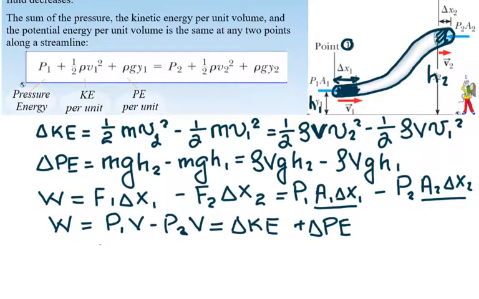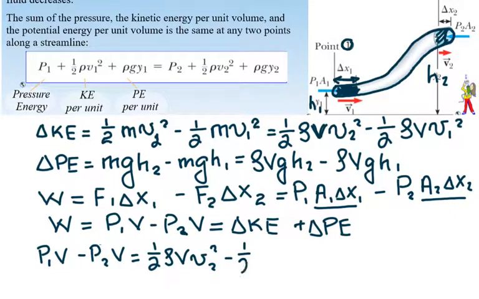So for the work, I have P1 V minus P2 V equals the change of the kinetic energy, 1/2 rho V v2 squared minus 1/2 rho V v1 squared.